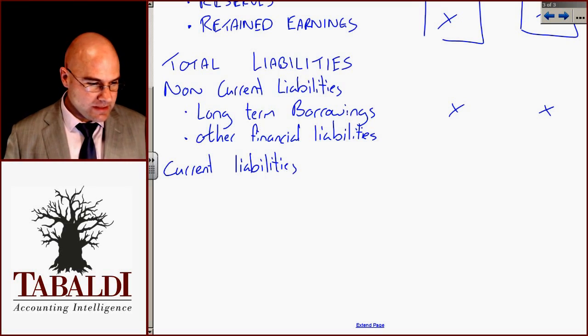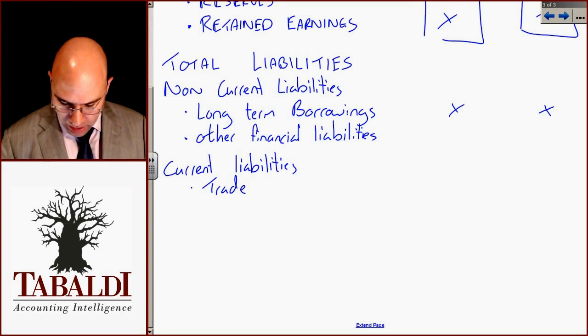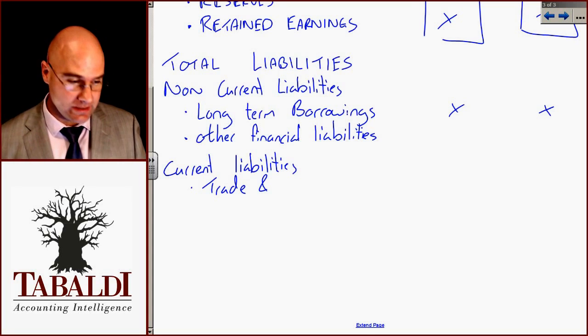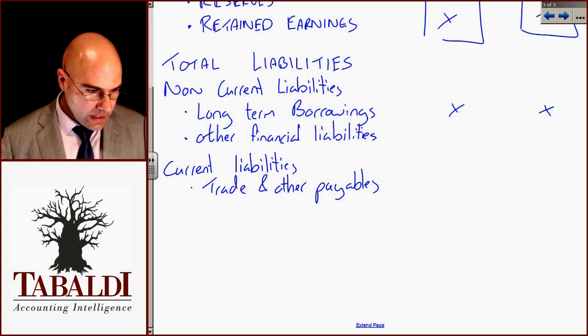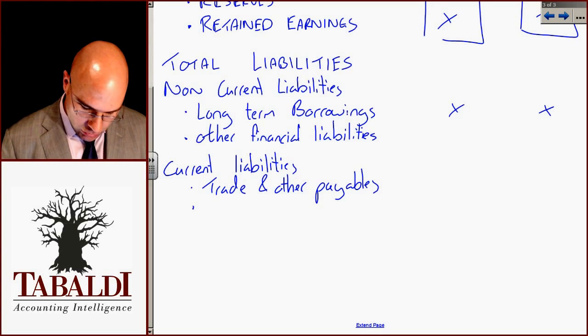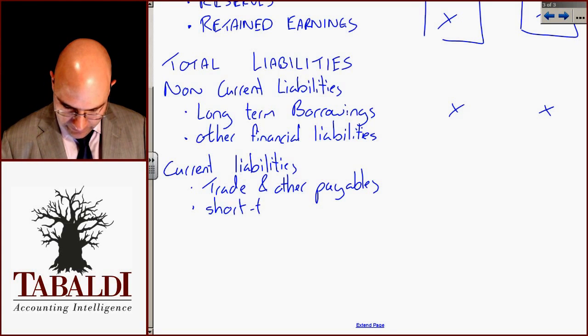And your current liabilities will be, firstly, your trade and other payables. You would often have heard this referred to as creditors. Okay, so there's trade and other payables. Then there may be short-term borrowings or the current portion of long-term borrowings. Borrowings that are repayable within the next 12 months.